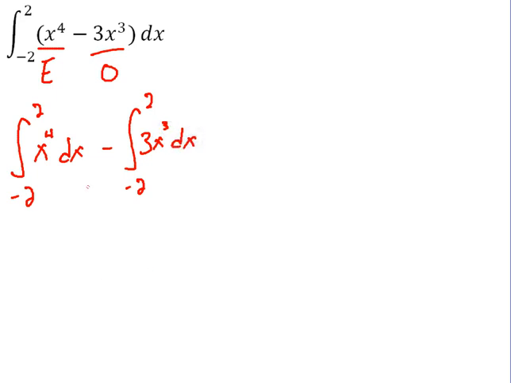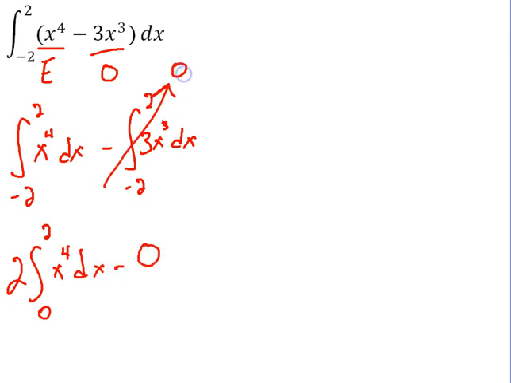The first integral is just going to be 2 times the integral from 0 to 2 of x to the fourth dx, and this second one is simply going to be 0. Why? Because it's an odd function, so because of the symmetry about the origin, this integral just goes to 0. Why do we want to simplify this even function?